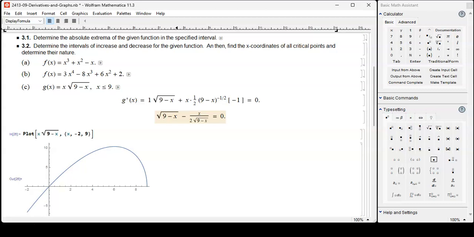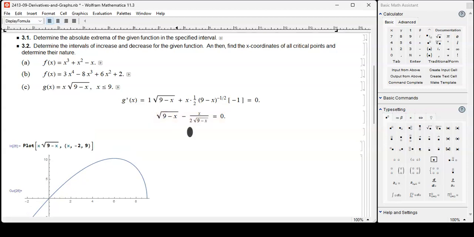Well, let's remove the denominator. Multiply everything by this denominator, 2 square root of 9 minus x. If I do that, multiply by 2, no problem. Multiply by the square root. That'll kill off the square root, and I'm going to get just 2 times (9 minus x), and the minus x equals 0. What did I do? I just multiplied this 2 into each term.